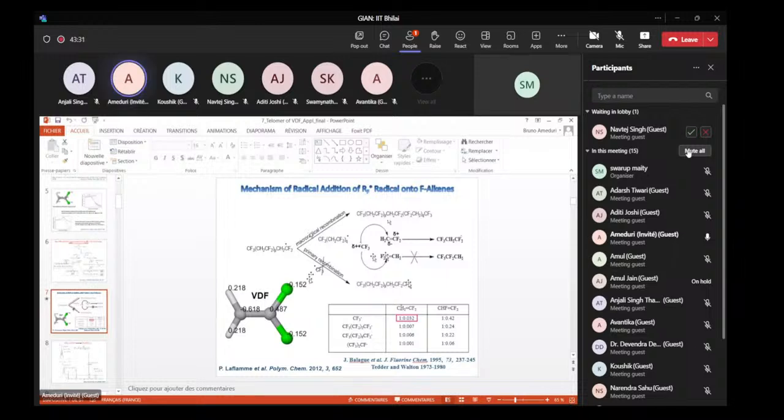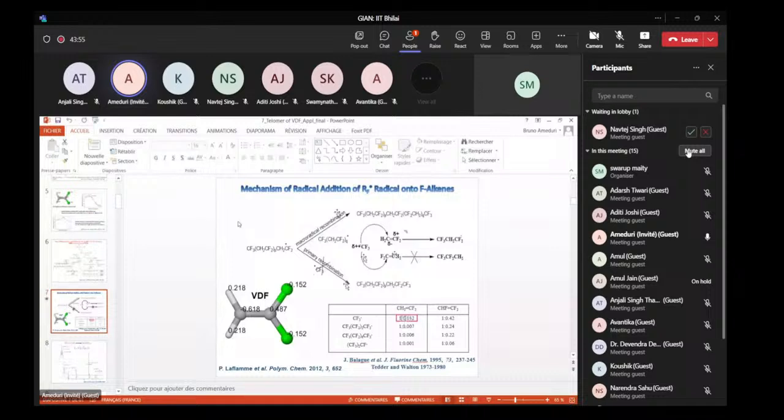So this was very interesting, and this confirmed the work of Tedder and Walton when they considered different fluorinated radicals onto VDF or trifluoroethylene, showing that you have a very high selectivity of the fluorinated radical onto the CH2, you know, 1 for 0.032 onto CF2.